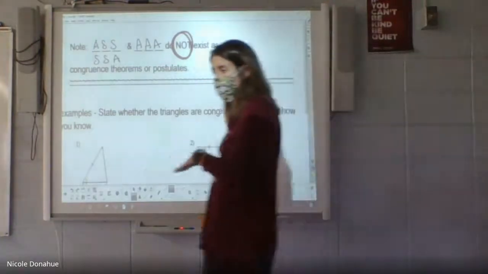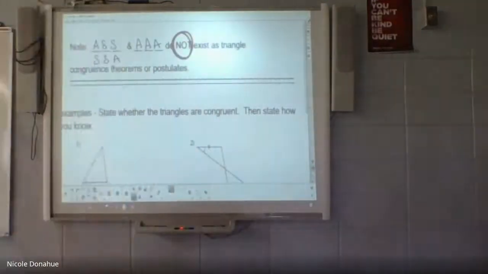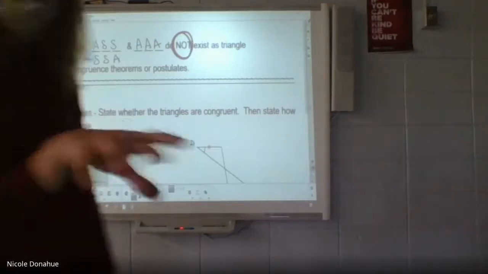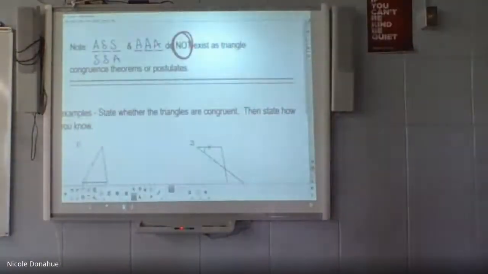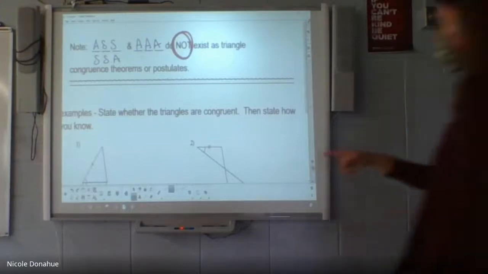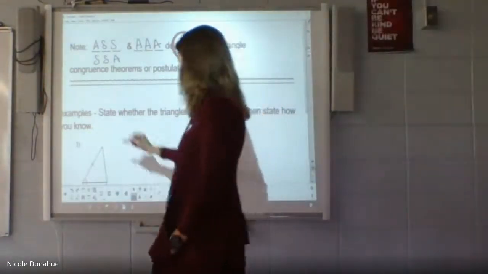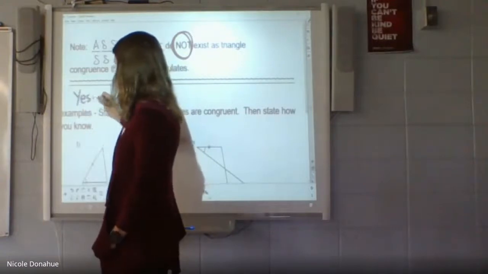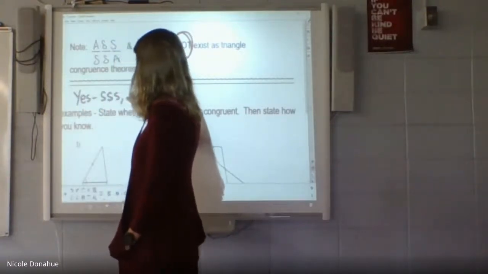So if you see below here, there's 7 different drawings. I want you guys to decide yes or no, are these congruent? So work through the 7. Take your time to do that. And then if you say yes, you have to tell me why. So you have to use one of our 5 reasons. So if it's yes, you're going to have to use one of these.